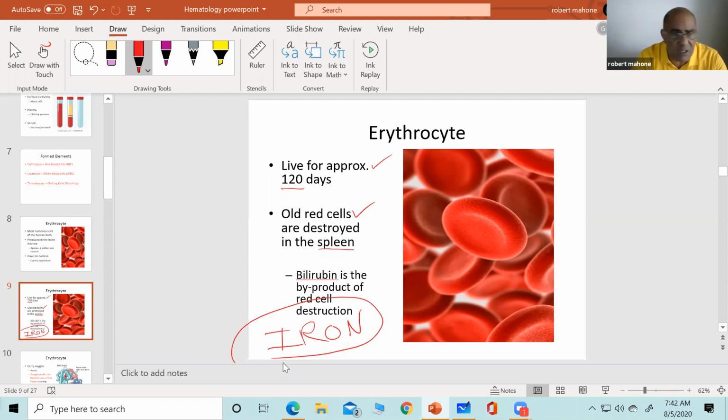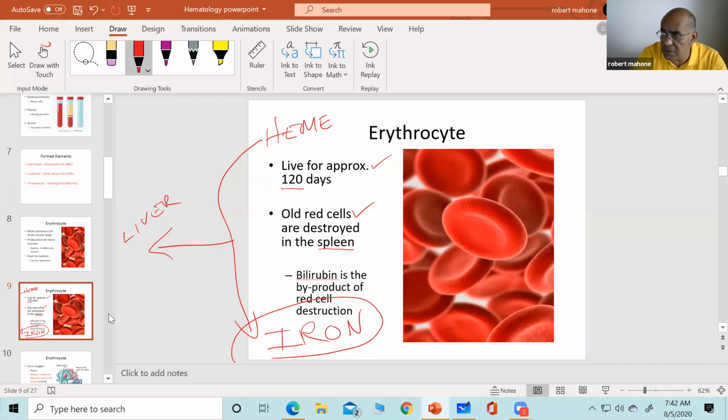So the spleen deconstructs the red cell, primarily keeping the iron and another substance we'll be talking about later called heme. Both of these are saved and transported to your liver. Everything else is then destroyed. The iron and the heme are stripped off, sent to the liver.